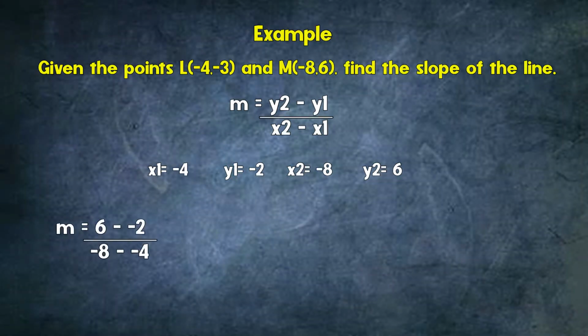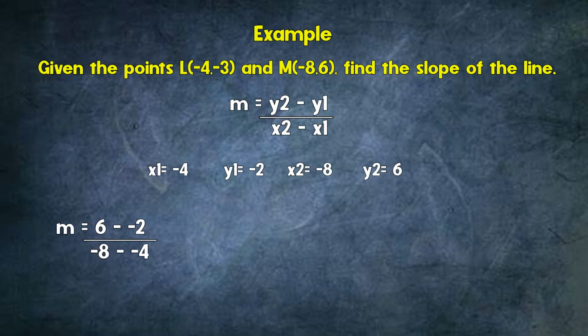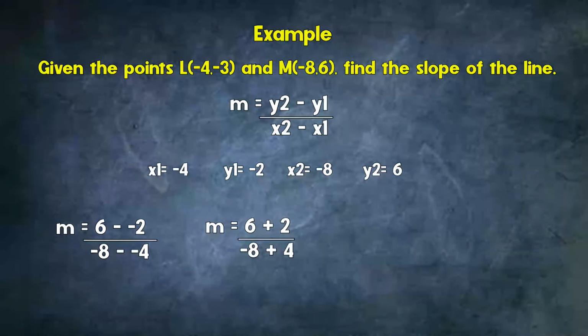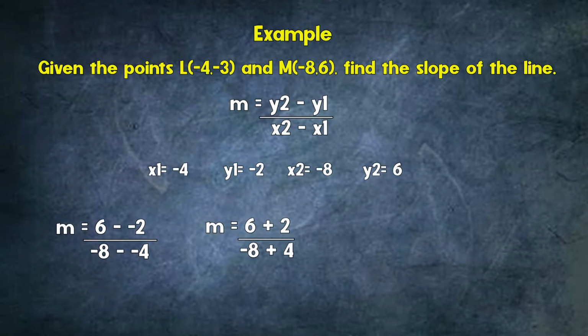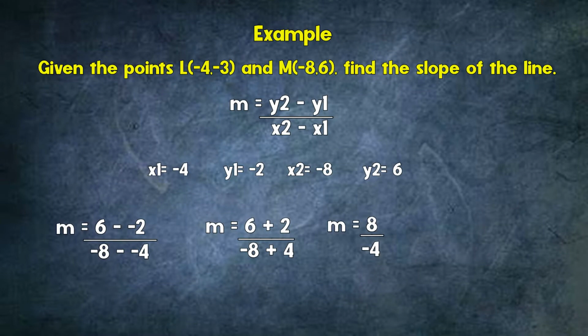So the gradient is equal to 6 subtract -2 divided by -8 subtract -4. Gradient is equal to 6 plus 2 divided by -8 plus 4. When we work this out, 6 plus 2 gives us 8 and -8 plus 4 gives us -4.